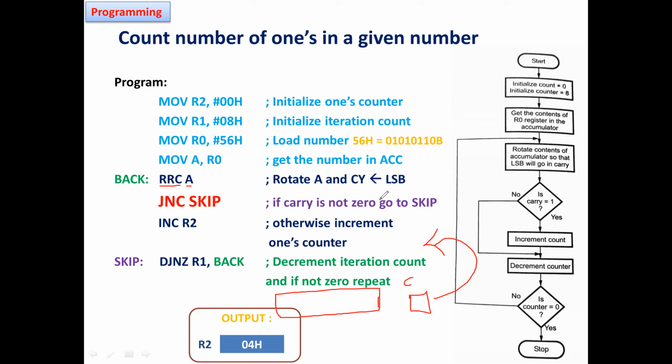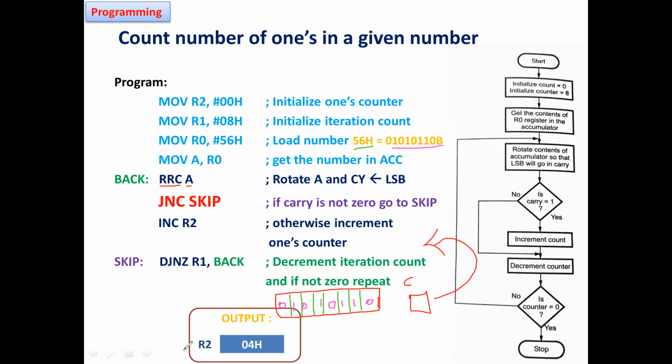For example, the accumulator is holding 56H. This is my 8-bit data, that is, 0, 1, 0, 1, 0, 1, 1, 0. This is your default accumulator value.